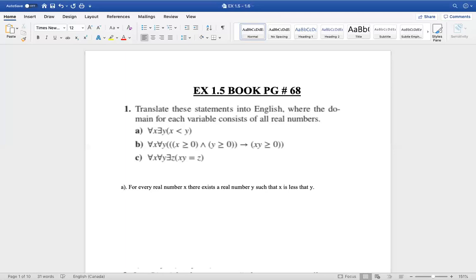Taking part B. B is a little trickier, but the logic is basically the same.